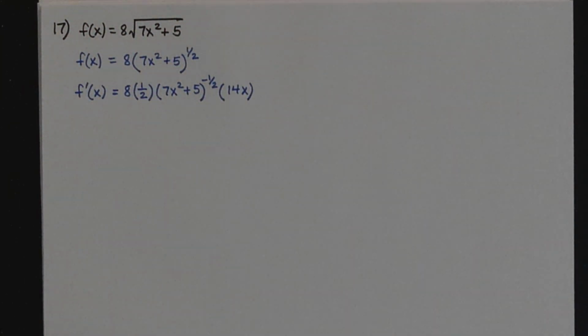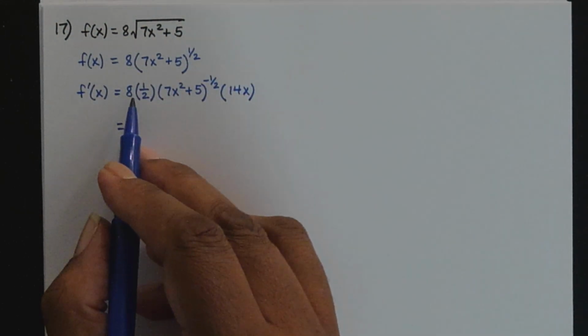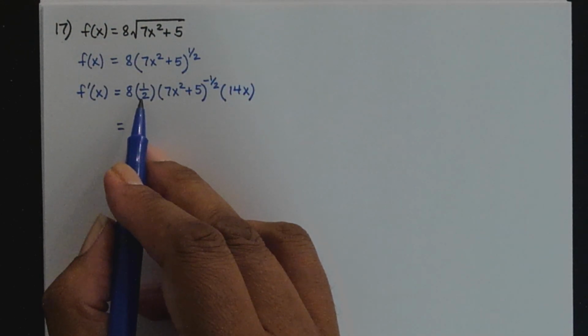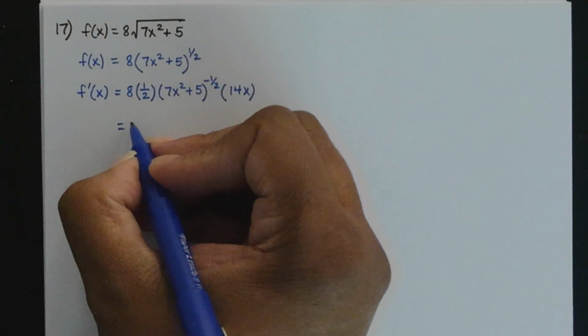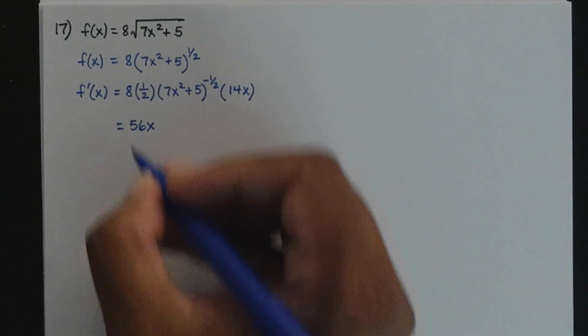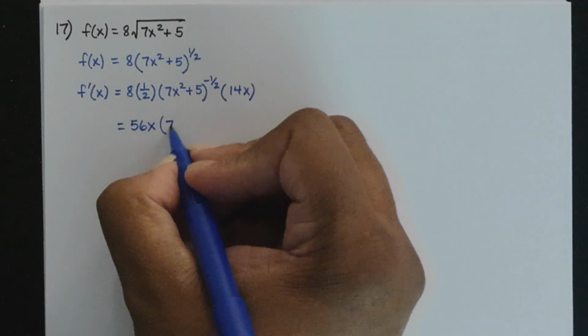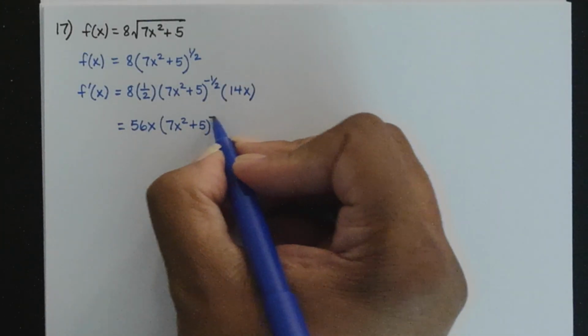Okay. So now if I simplify this a bit, let's see here. Half of 8 would give me 4. 4 times 14x should give you 56x. Then that's multiplied by 7x squared plus 5 to the negative 1/2.